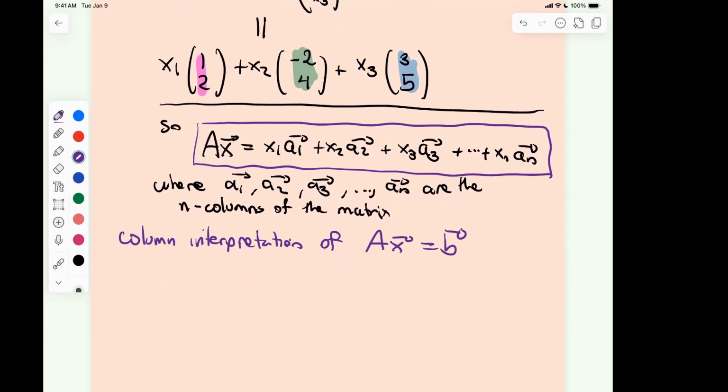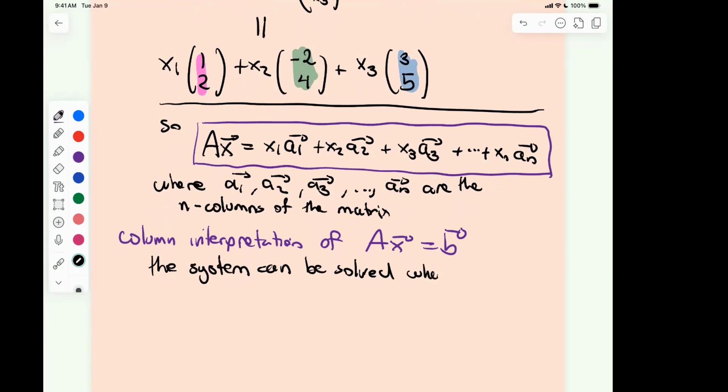When you have a system of equations, Ax equals b, what does that mean? The system has a solution, the system can be solved, whenever b is a linear combination of the columns of A. Whenever.